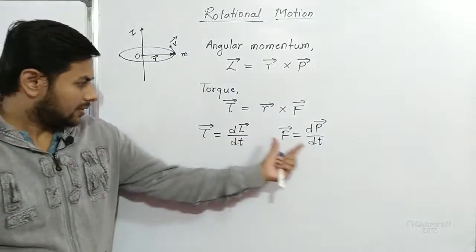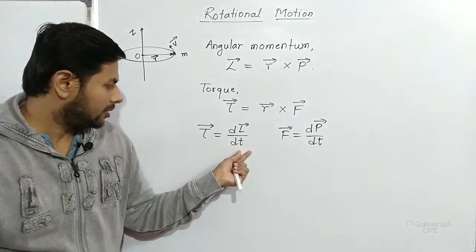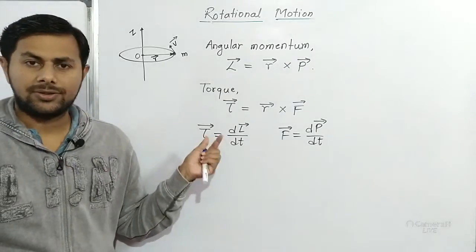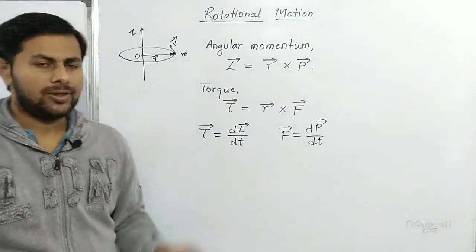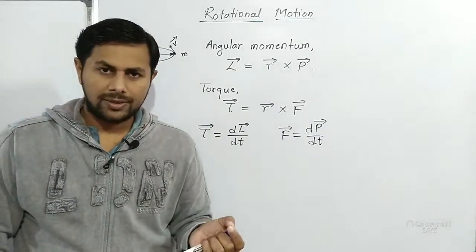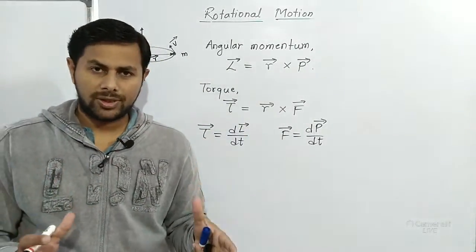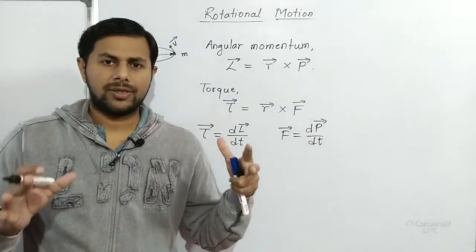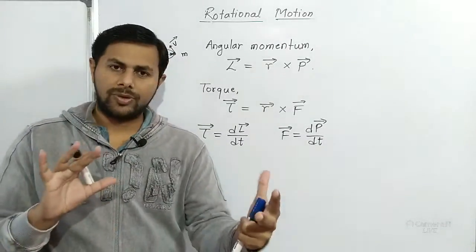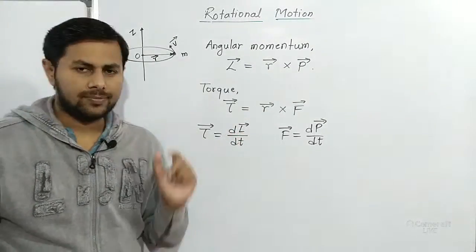Similarly, the rate of change of angular momentum with respect to time equals the external torque acting on the body performing circular motion. For a rigid body performing rotational motion, we are yet to prove that torque is equal to dL bar by dt.